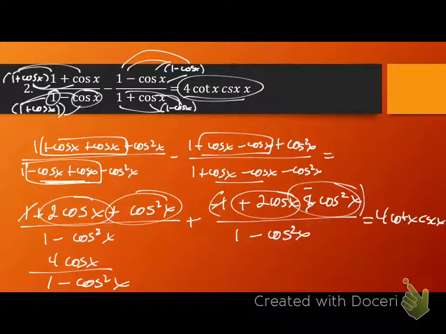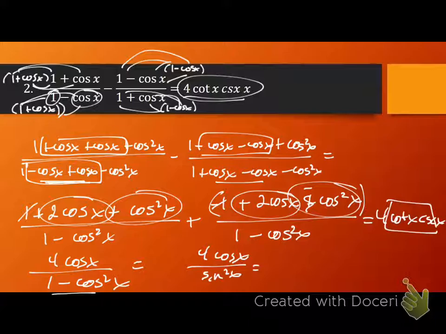Well, we got a 4, so we're starting to look a little bit like what we're supposed to on the right side. In the denominator, you got 1 minus cosine squared. That feels like an identity because it is. We get 4 cosine x over sine squared x. And again, over on the right side, we're trying to get a cotangent and a cosecant. Cosecant is 1 over sine. Cotangent is cosine over sine.